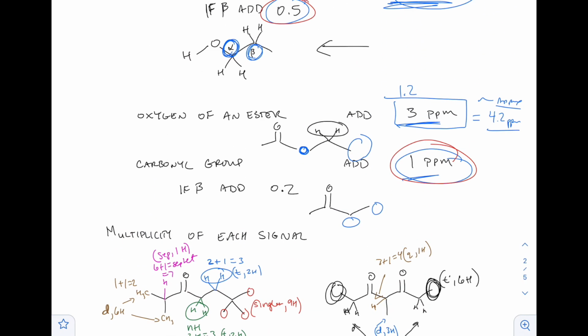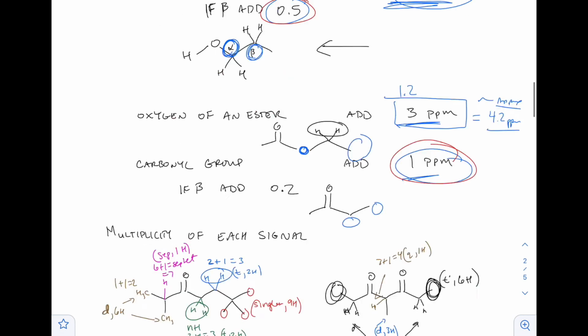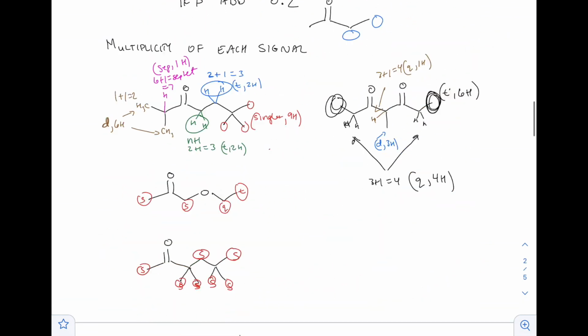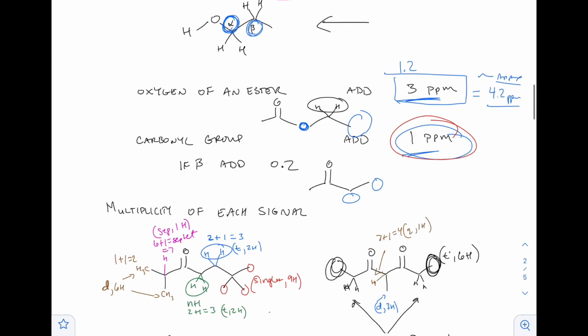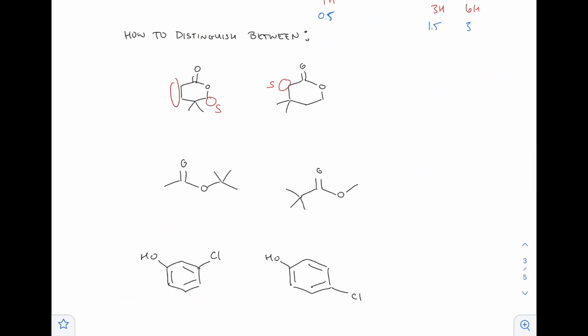And so you're going to be adding 3 ppm to that CH2 that is a singlet, right? This right here is a CH2 that is a singlet, but we're not adding 3, we're adding 1. Okay, so that's a big difference. And that's how we're going to be able to tell. Other than that, these are going to be coupling with one another. These are going to be coupling with one another. You'll also notice the chemical shift of this CH2 right here is going to be much farther downfield, and it's going to be a triplet.